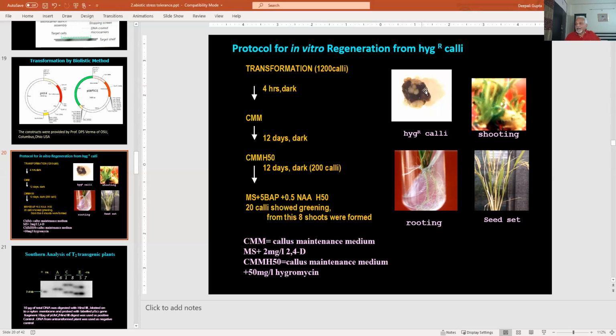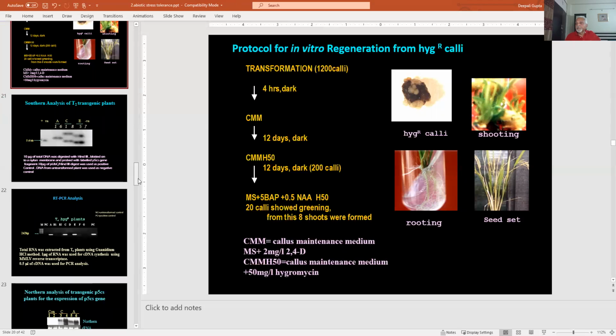These are dead cells, untransformed cells, and these are the ones which originated from transformed cells, meaning they are able to survive in the presence of hygromycin, the antibiotic. So in subsequent cultures, only this part is taken and put on for shoot regeneration, then root regeneration, and then when the plants grow, they are taken to greenhouse.